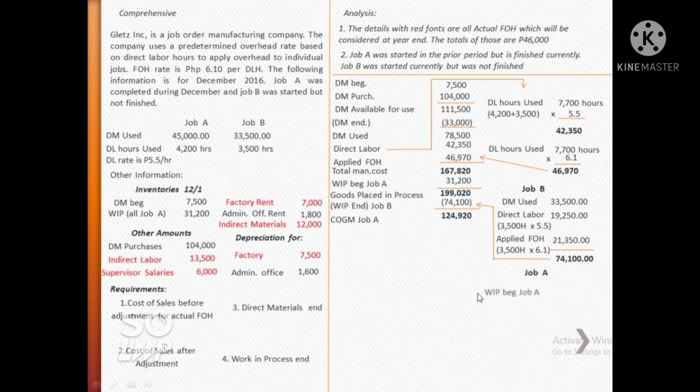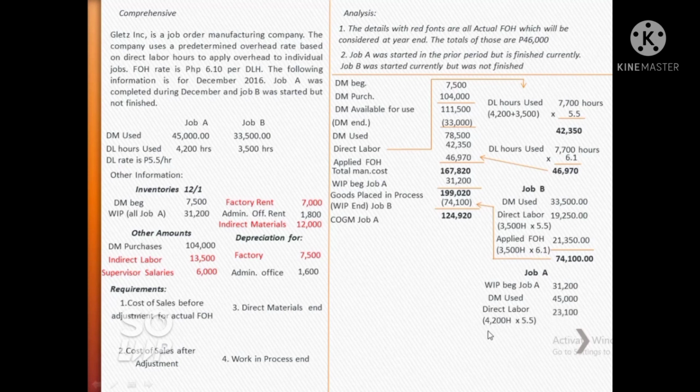So first, let's put here the cost of job A in the prior period, 31,200, and then it used direct materials worth 45,000, and then it used direct labor. In number of hours, that's 4,200 times 5.5, the direct labor rate.